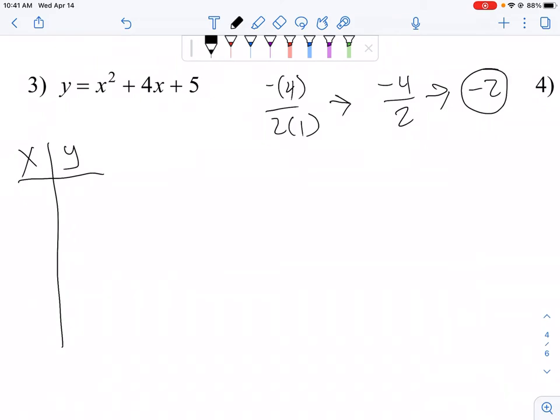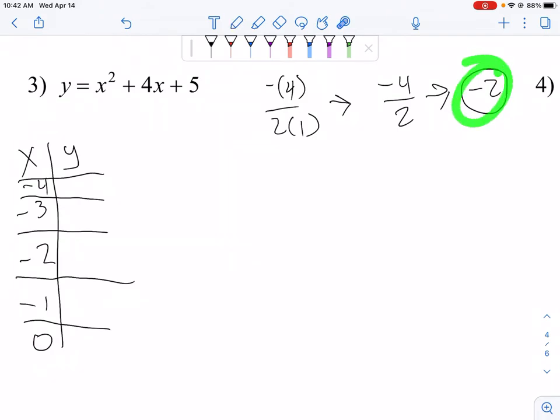So we find our axis of symmetry, and we use that as our middle number. And then we're going to find two numbers smaller, -3 and -4, and two numbers bigger, -1 and 0, if you think about a number line. So we just want it to count in order, and we want our axis of symmetry to be our middle value.